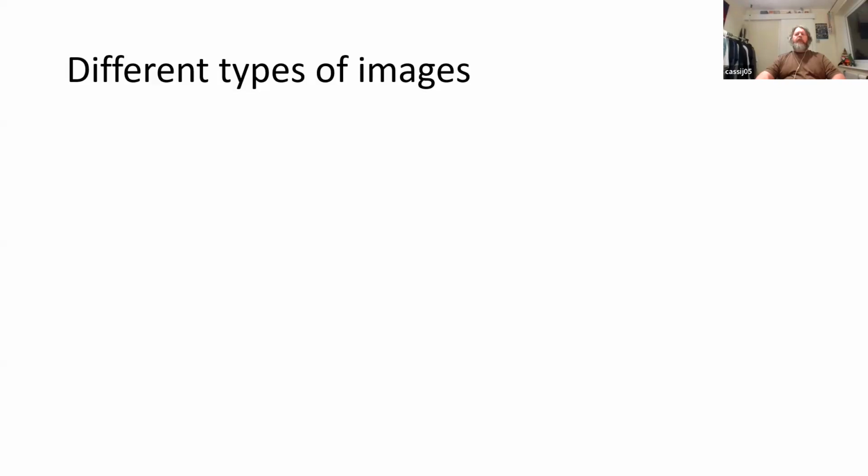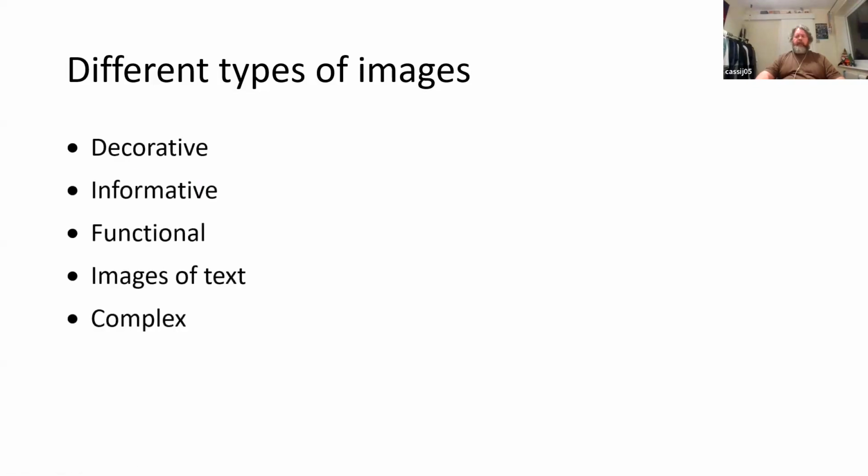What is this one? So we have got 5 different types of image, and we'll go through each of them. Some of them are more relevant than others. So the first one to think about really is decorative. We have got decorative, informative, functional, images of text, and complex images.